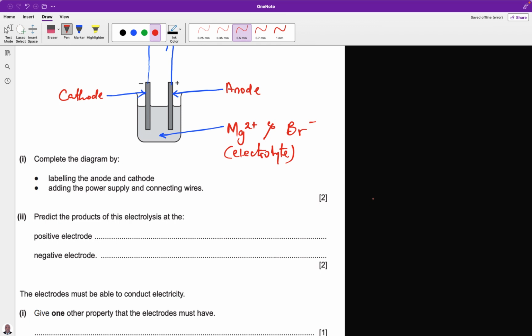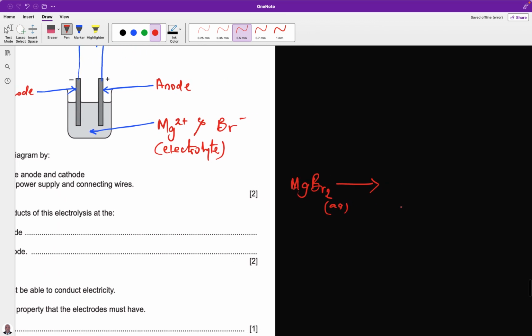Remember, this magnesium bromide, when it breaks down in aqueous solution, is going to give us the magnesium ion, and it is also going to give us the bromide ion.